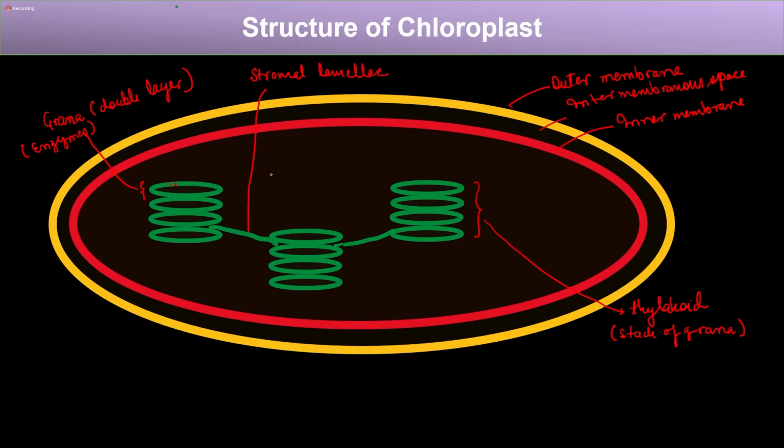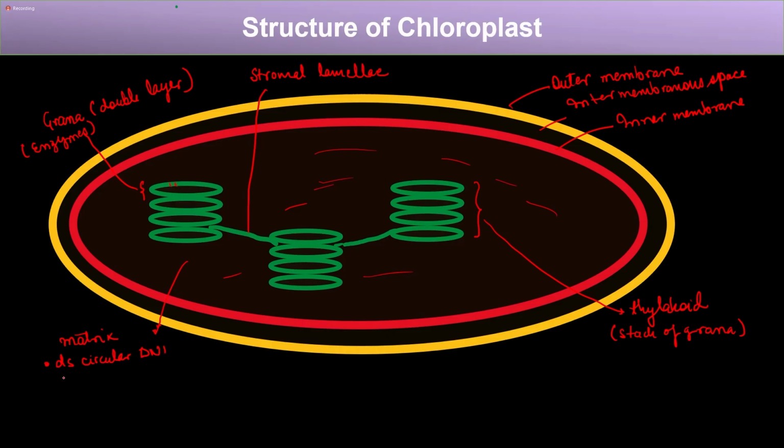Then the chloroplast also has an inner matrix. What are the constituents of the matrix of the chloroplast? Like mitochondria, the chloroplast also consists of double-stranded circular DNA, so it has its own DNA.